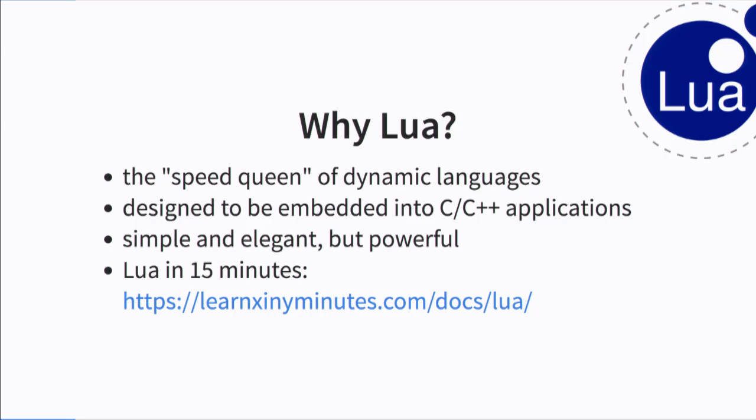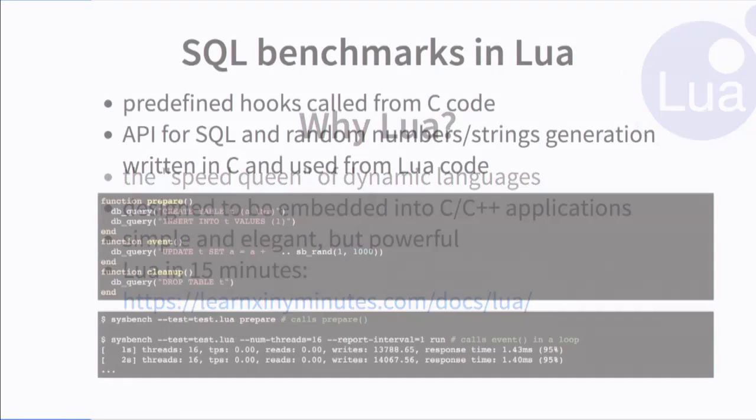It's also simple and elegant, but powerful. You can do fairly complex things with just a very few, very simple underlying concepts. And seriously, Lua is a beautiful language. If you're not familiar with it, I encourage you to learn it. For a quick start, I can recommend this link titled Lua in 15 minutes, which explains all the basic concepts in a very condensed form.